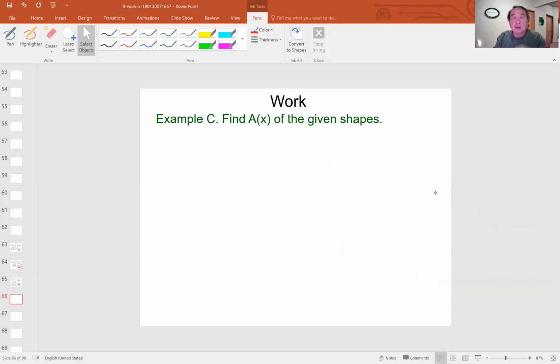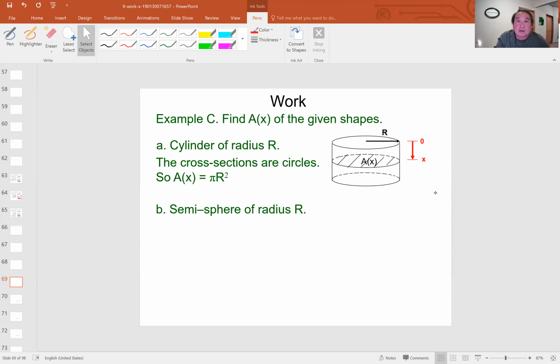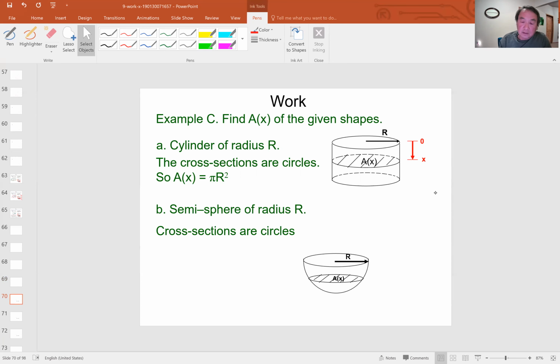We're going to look at the cross-sectional area first. What kinds of cross-sectional areas can we work with? First one, a cylinder, a drum. If I set my ruler going from top 0 to the bottom, then A(x) is going to be pi r squared, the cross-section. How about a hemisphere? What about its cross-sectional area? Where do you want to point the x from?